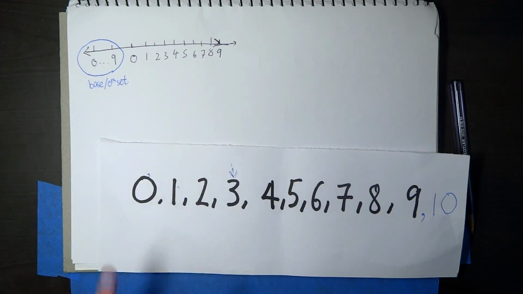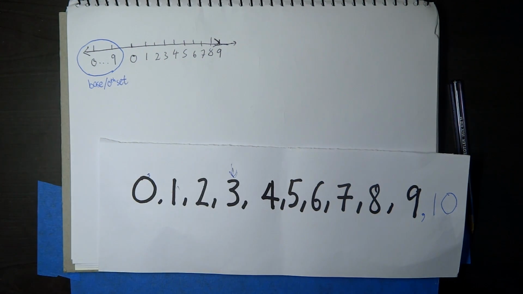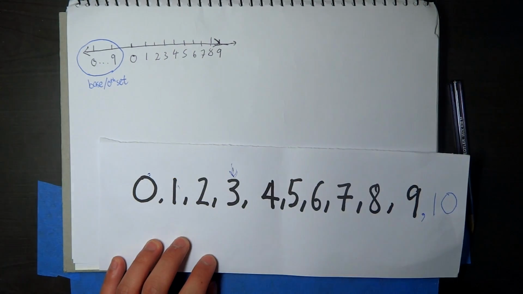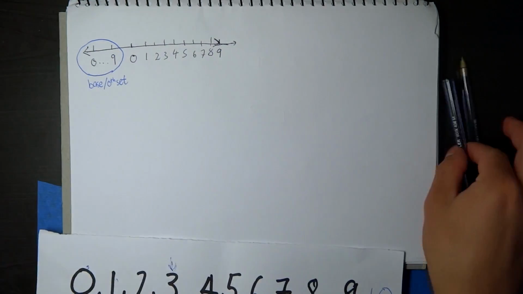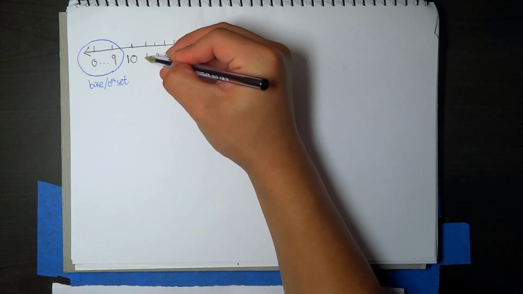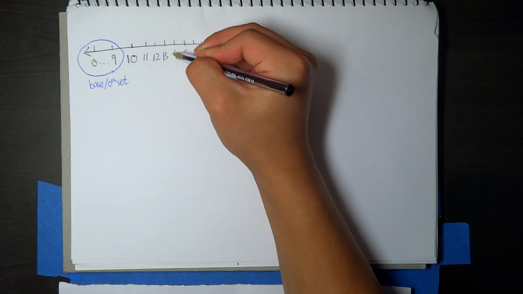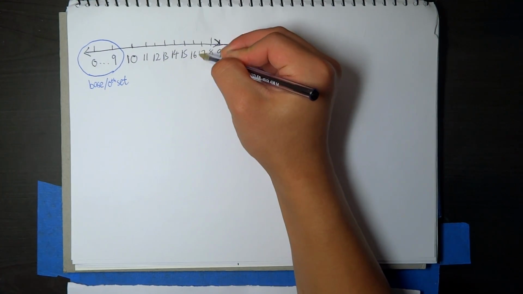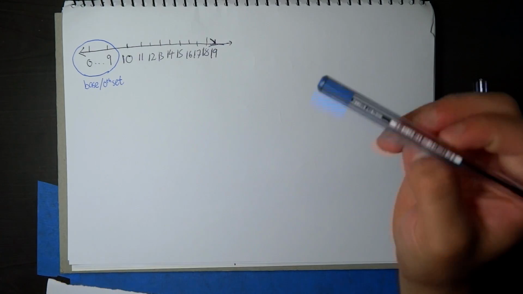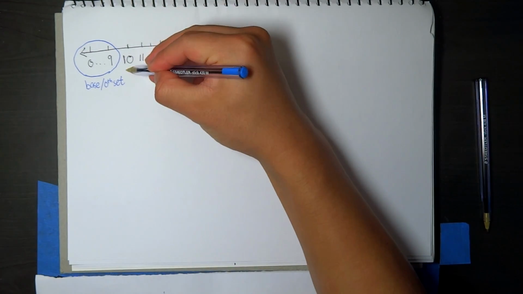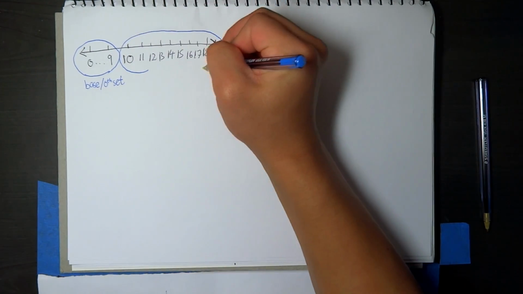Well, let me ask you, what number comes right after 0? It's 1, right here. So let's differentiate this set of 0 to 9 with a 1 in front. And I will call this my first set of 0 to 9.